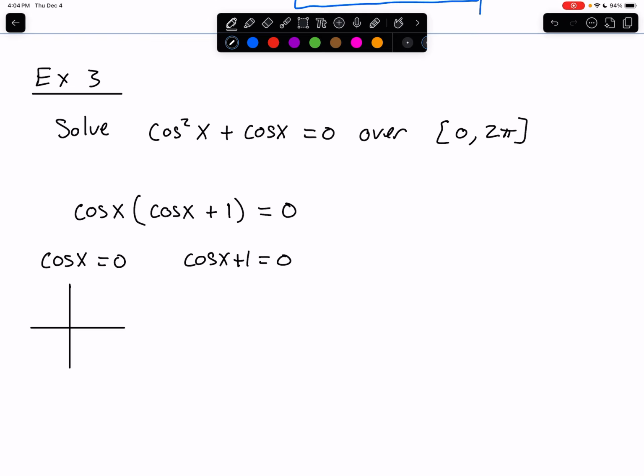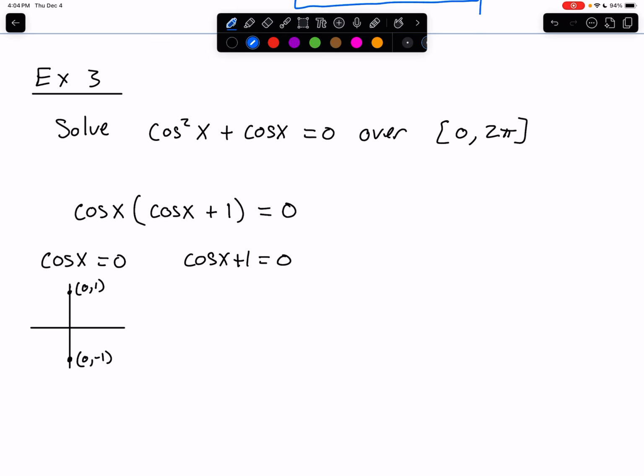Where is x going to be equal to 0? That happens at 2 spots. It happens down here on the negative y-axis, because that's going to be a point of (0, -1). This is a point of (0, 1). In both those spots, x is 0, so cosine is 0.